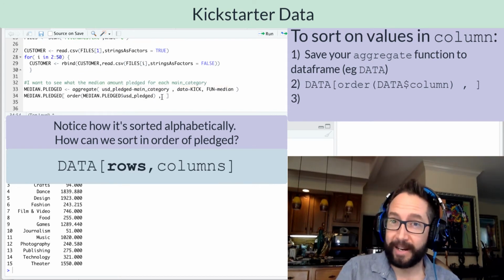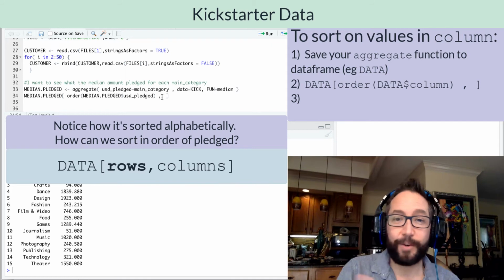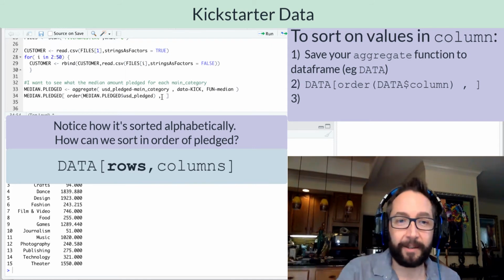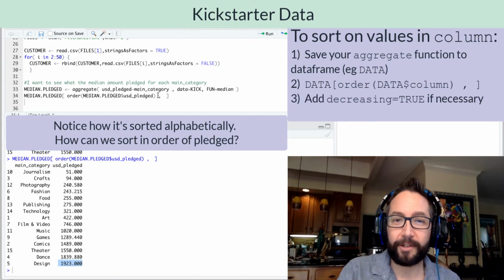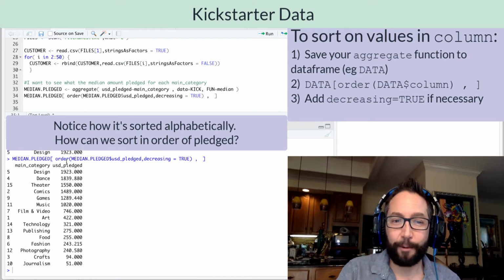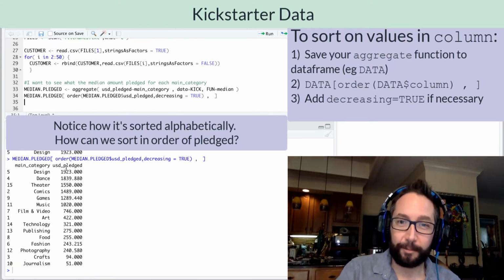I'll leave the right-hand side of the comma blank. I'm not going to do anything with the column, so leaving that blank just says leave it as is. And if I print this to the screen, I see that it was sorted from lowest up to largest. If I wanted to do the reverse, I could add an additional argument, decreasing, set equal to true, and now it would go from largest down to smallest.